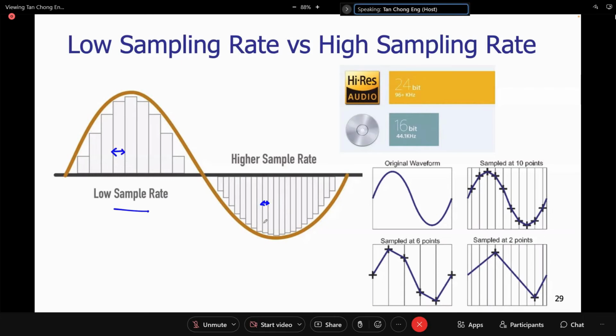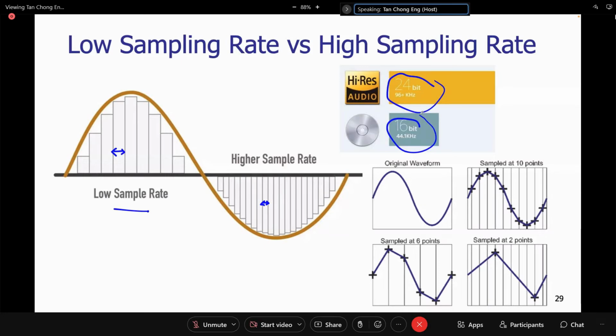That's why, if you want high quality, you need a very high sampling rate. For example, high resolution audio will have 24-bit, and CD audio 16-bit. These are the things that we have to pay attention to.